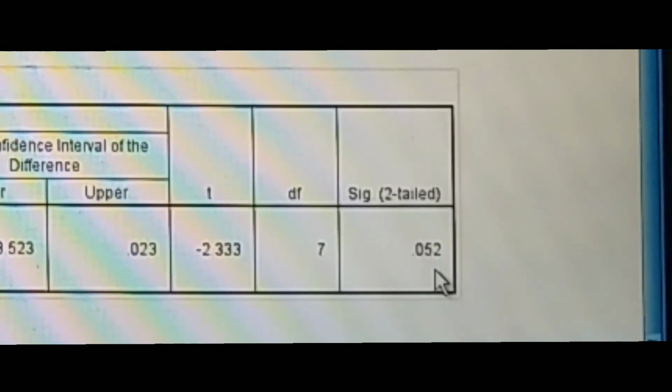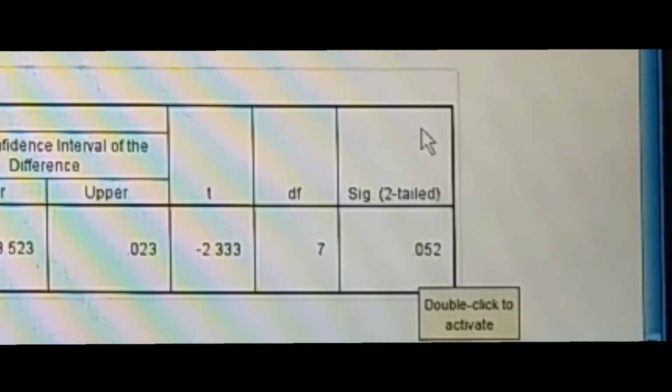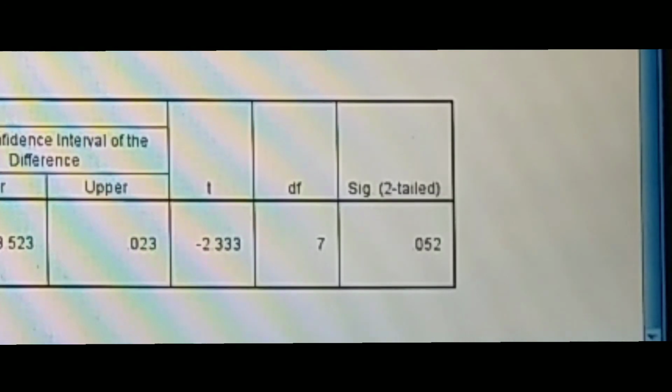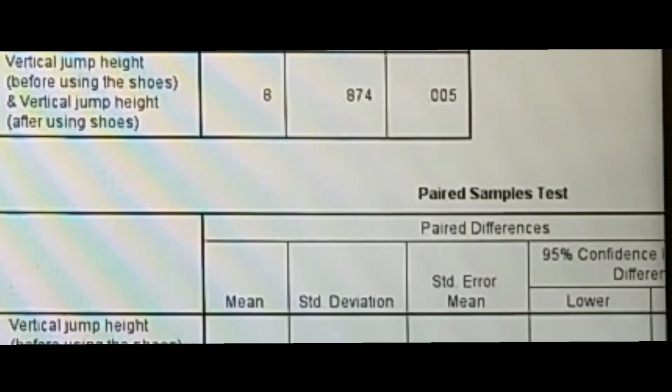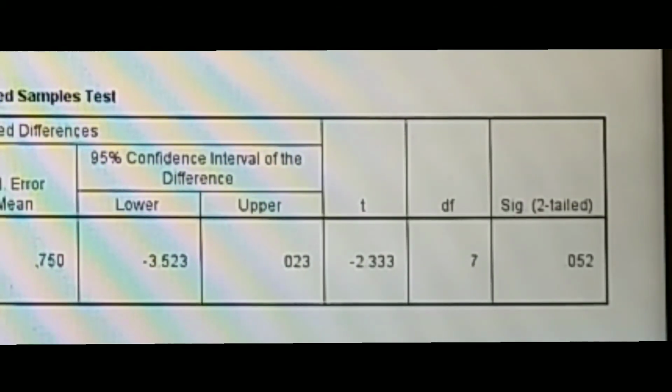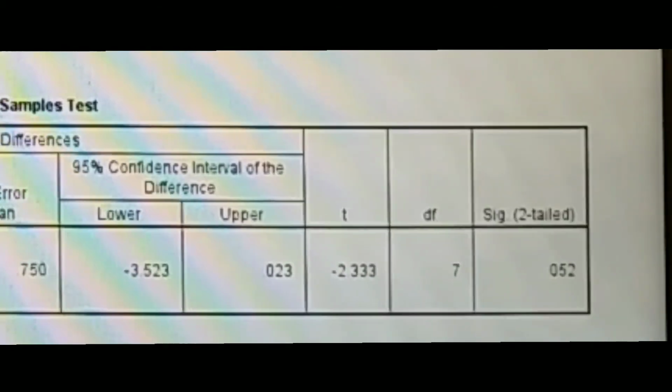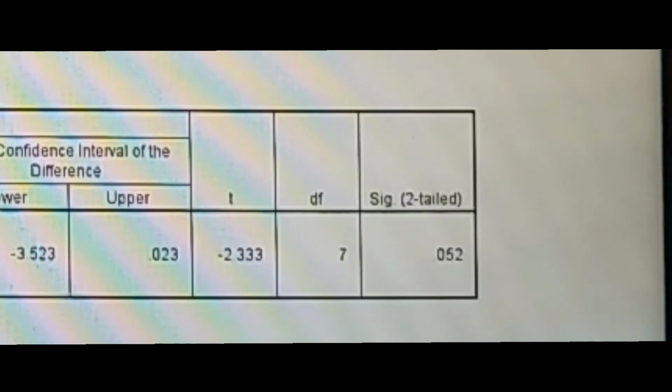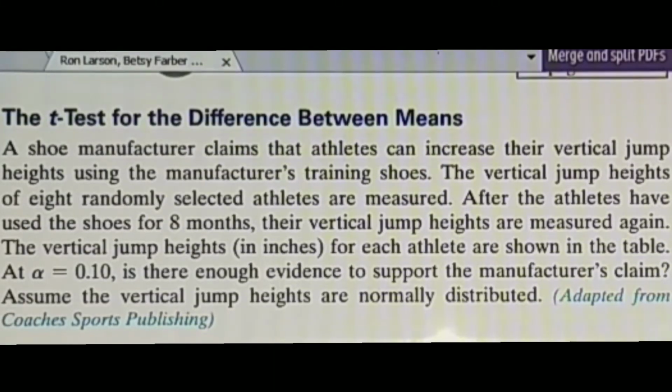As we can see here, the p-value is 0.052, which is less than 0.10. By that, we may conclude that there is a significant difference in the manufacturer's training shoes.